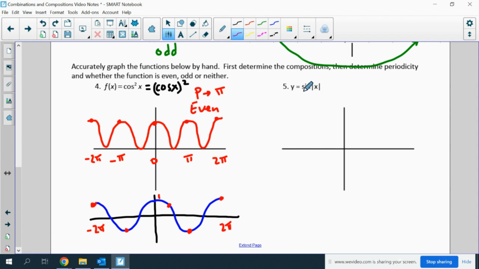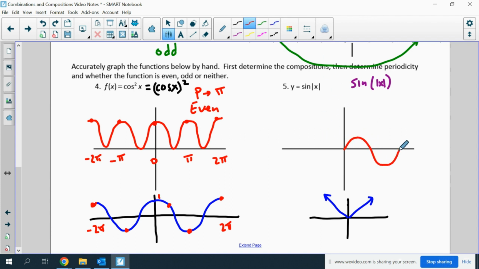Now, if we take a look at sine of absolute value of x, what's happening is you're taking the sine of the absolute value of x. So the first thing you look at is the absolute value of x, and then you take the sine of each of those things. So the absolute value of x looks like this. And so what ends up happening is, to the right of the y-axis, so when x is 0 or bigger, nothing changes about the graph of sine.